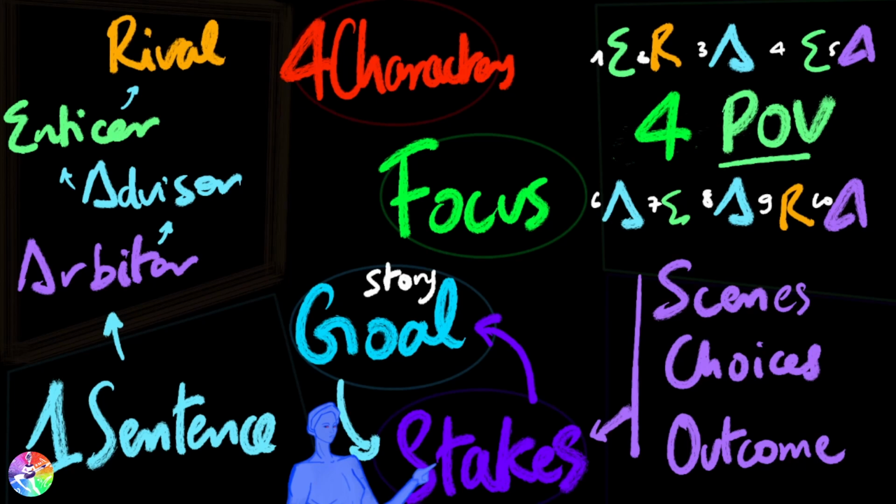The stakes are at the scene scale, so in each scene your characters will have to make choices. Remember, if you can give them 3 choices, it's best. And these choices, whatever they are, will lead to an outcome.